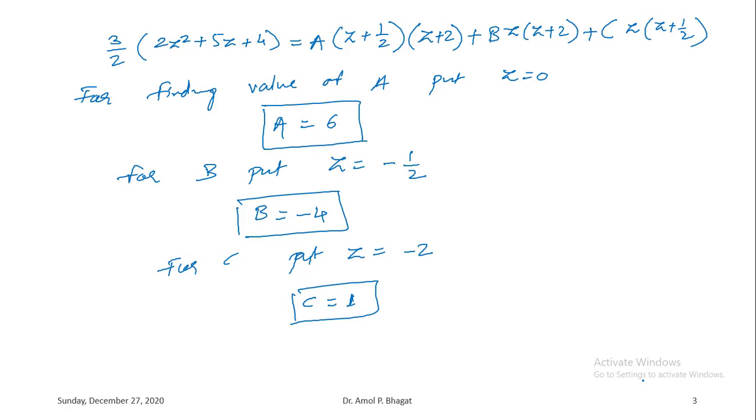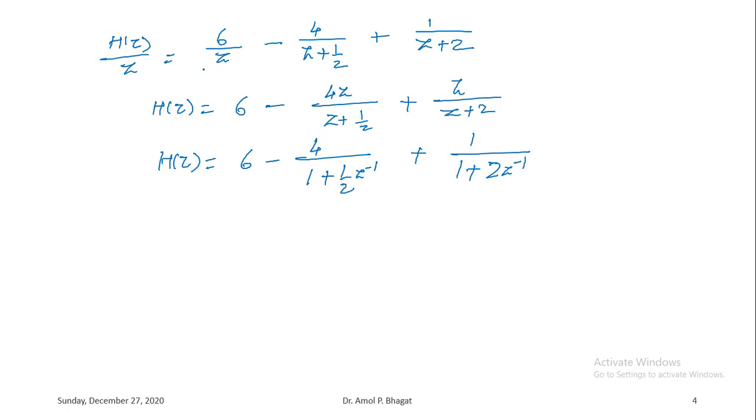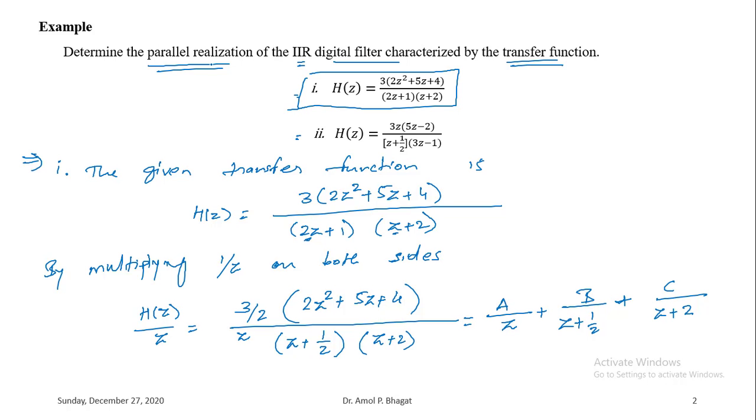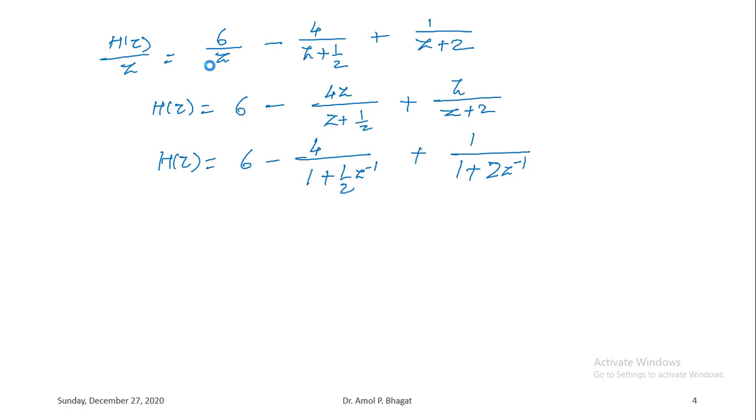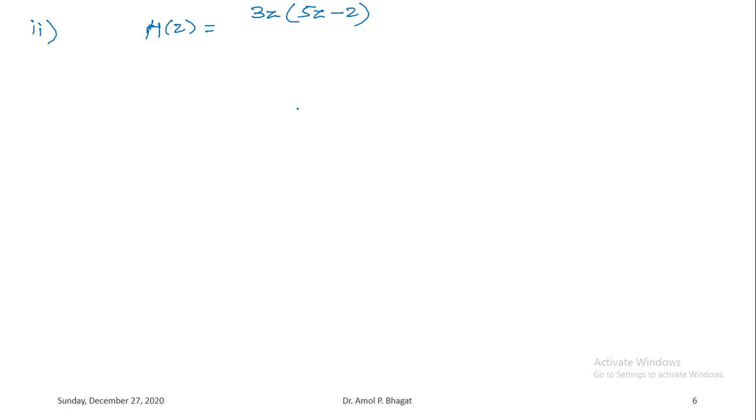Similarly, we will try to solve this second example. Okay, so what is the second equation there? The second equation is H of z is equal to 3z in bracket 5z minus 2, whole upon z plus 1 by 2 and 3z minus 1.